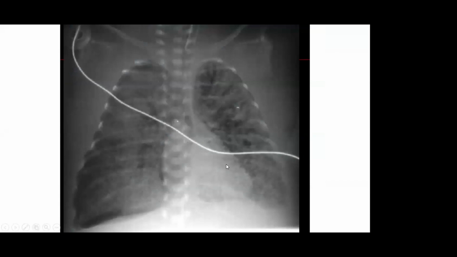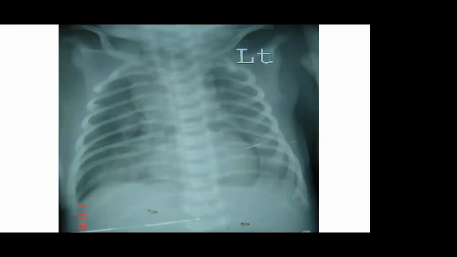Can you see these linear shadows? Yes, this is PIE. PIE is generally divided into cystic and linear PIE. So this is linear PIE, pulmonary interstitial emphysema. Perfect.